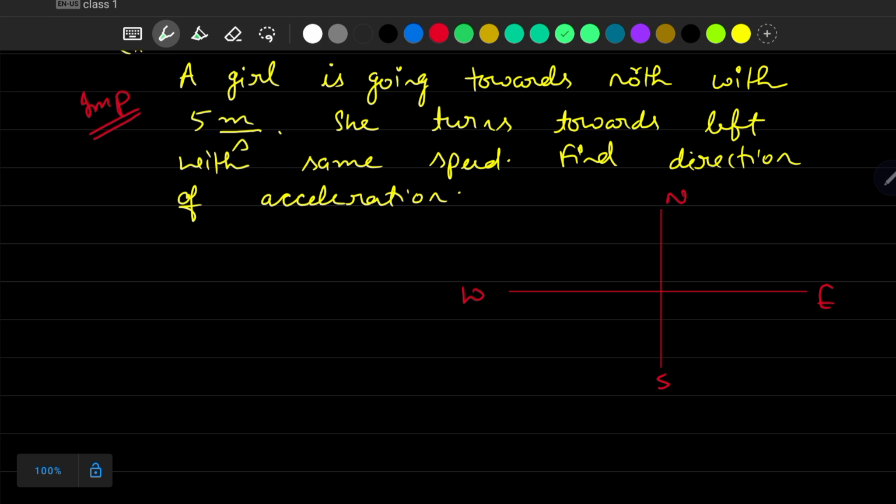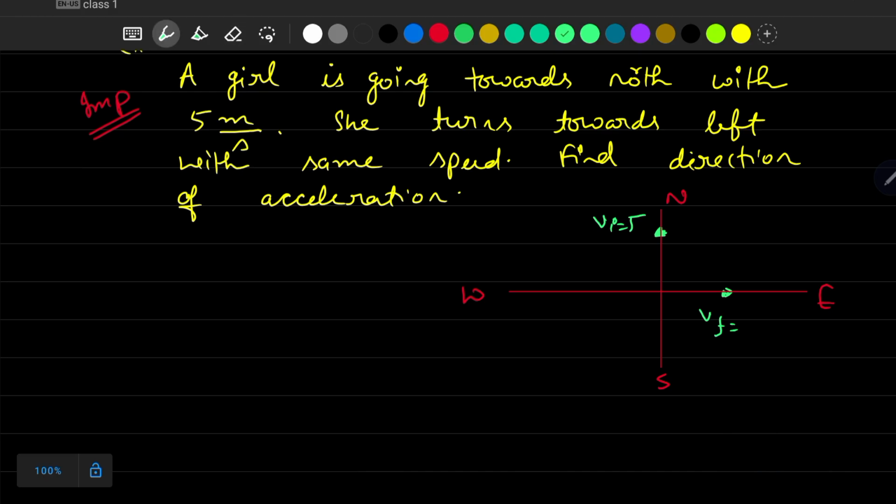A girl is going towards north with 5 meter per second, so the initial velocity of the girl is here, 5. She turns towards left, so this will be the final velocity v final. If she turns left, obviously a north-going person will turn left, so she will go to east. No confusion.